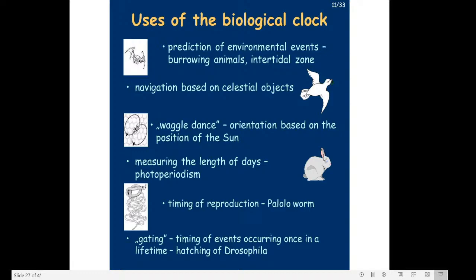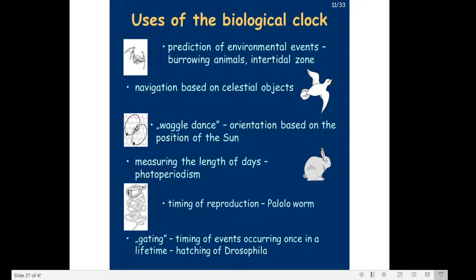Then measuring the length of the day is photoperiodism. Then timing of reproduction is also one biological clock function. Some plants produce seeds at a particular time alone. These are the important things we want to understand in the biological clock.